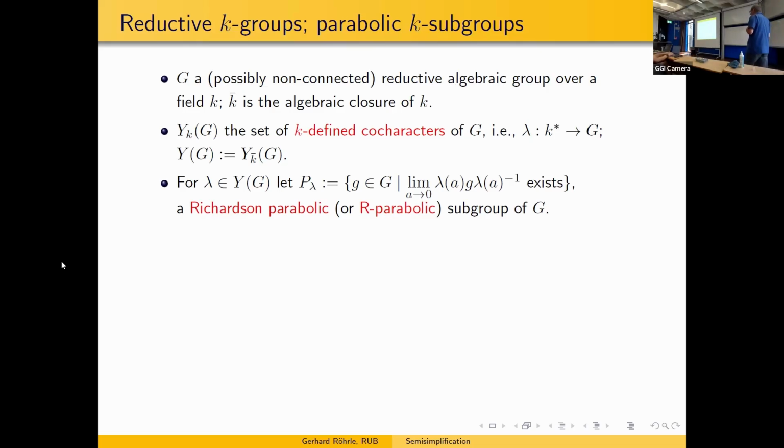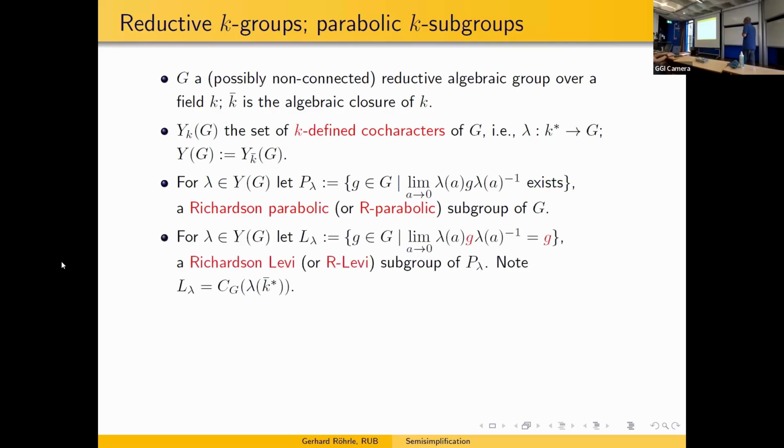So this is a parabolic that will be the limit of conjugation by a one-dimensional torus coming from the co-character lambda. And then there's the natural Levi decomposition. You can build that, and you'll see that on this set of co-characters. So L lambda, the Richardson Levi or R-Levi subgroup, is simply the centralizer of this one-dimensional torus.